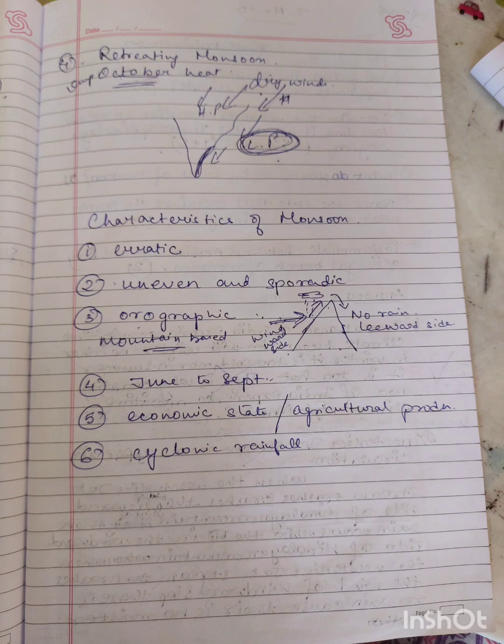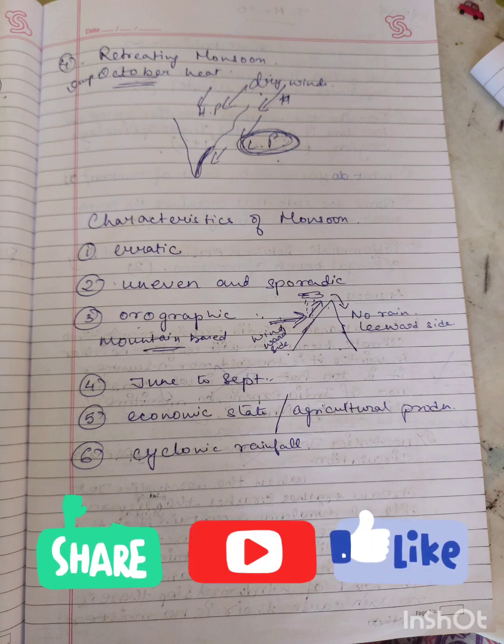So this is for the retreating monsoon. And in the characteristics of monsoon, in the orographic nature of monsoon, you can show the diagram of a mountain and the windward side and the leeward side, and how the rain is occurring on the windward side.